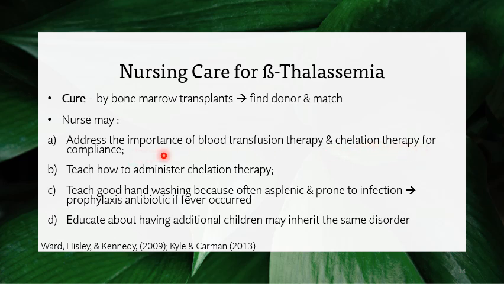Both of them have to go together, the blood transfusion and chelation therapy, because too much iron cannot be extracted manually by the body, so we need help with the chelation agent. We also need to teach how to do the chelation therapy at home because it takes a long time. And we need to teach good hand washing because the patient will be prone to infection and we don't want to cause any other problem.